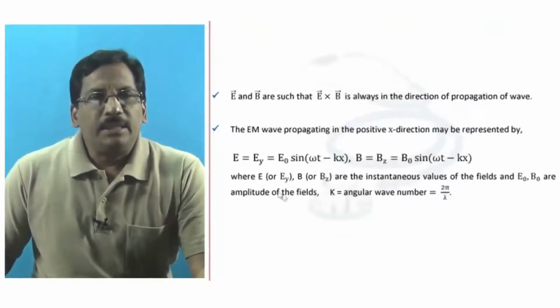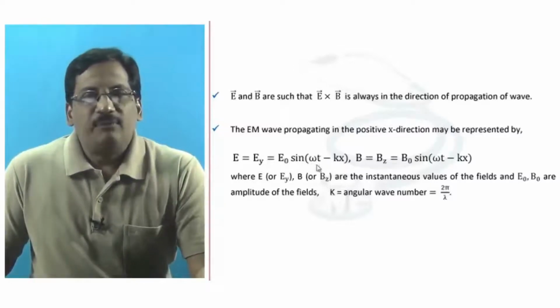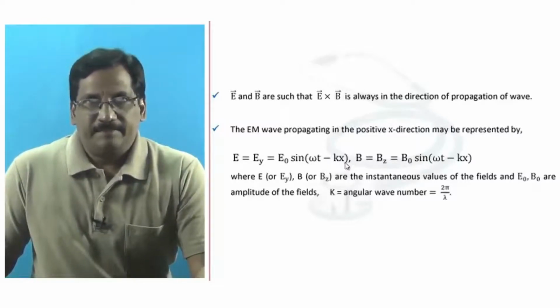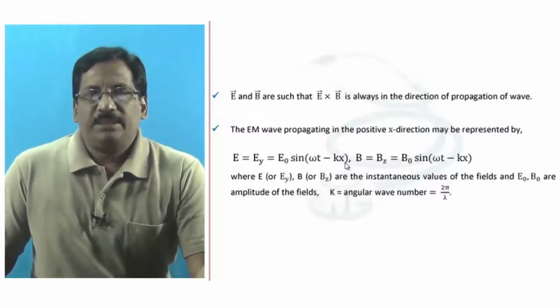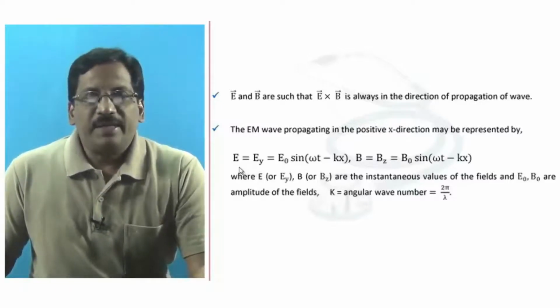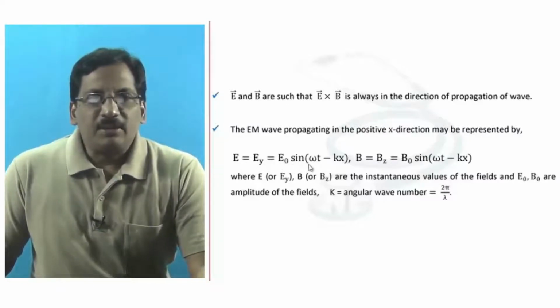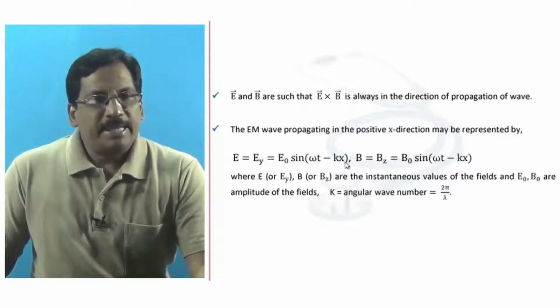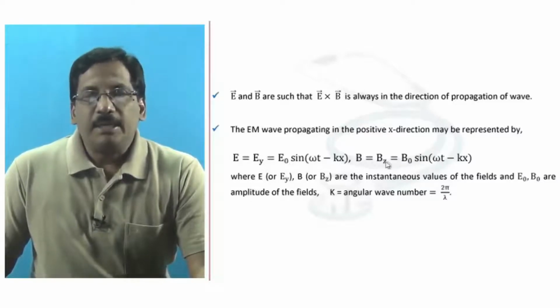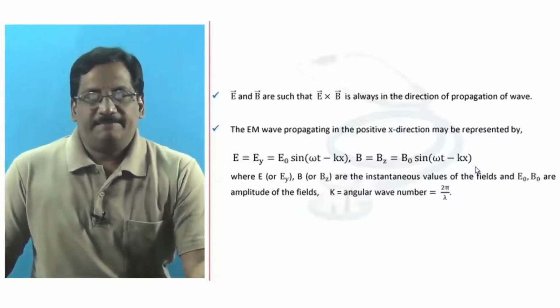E equal to E suffix y equal to E naught sine of omega t minus kx. It's a sinusoidal, time varying function. And this electric field vector at any instant is E equal to E naught sine of omega t minus kx, and B equal to B naught sine of omega t minus kx.